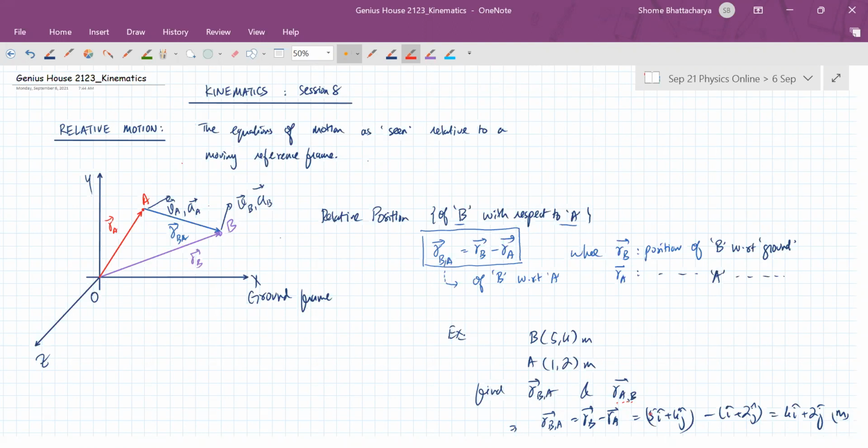So the vector is always written with the minus sign, but suppose they're opposite, then actually the quantities get added. Understood? Yes. Okay. So just find out the second quantity also, rA with respect to B.